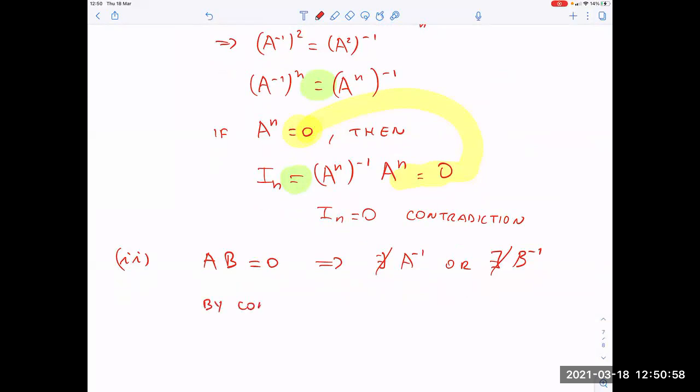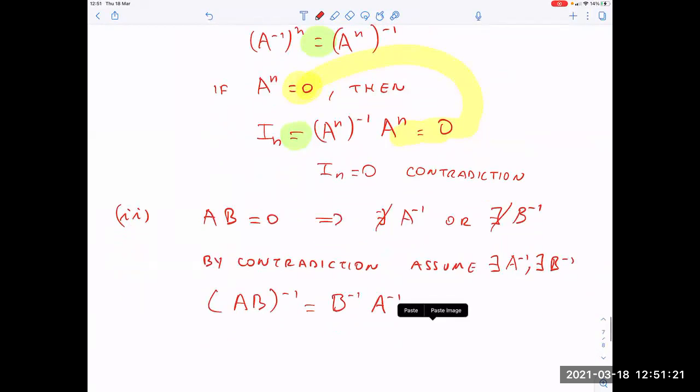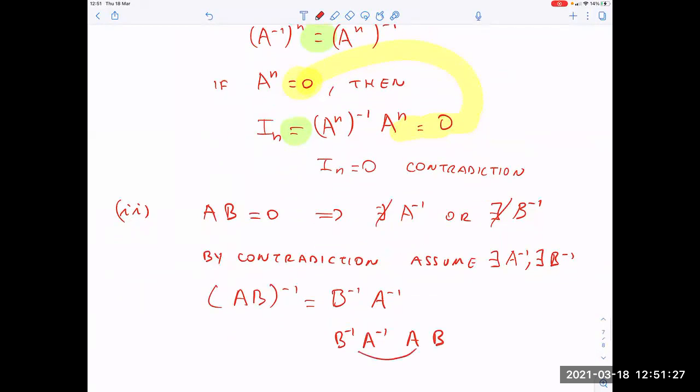So by contradiction, assume A minus 1 exists and B minus 1 exists. Then the idea is that the inverse of AB is B minus 1 A minus 1. Because if I multiply this one by AB, I hope you agree, you get the identity matrix here. So you get B minus 1 B, and so you get the identity again. Okay, so this equality is proved by what we wrote here.